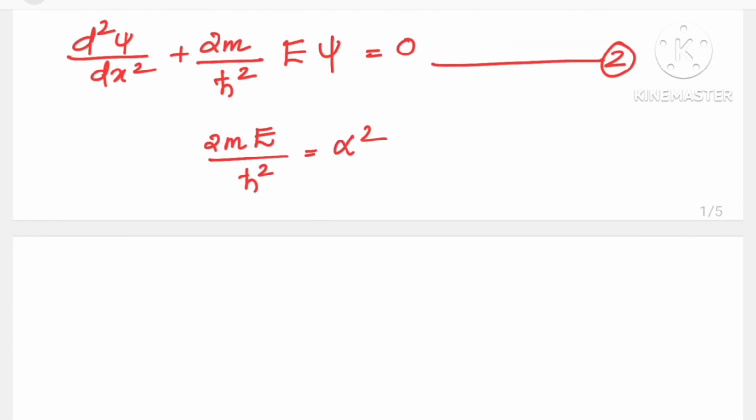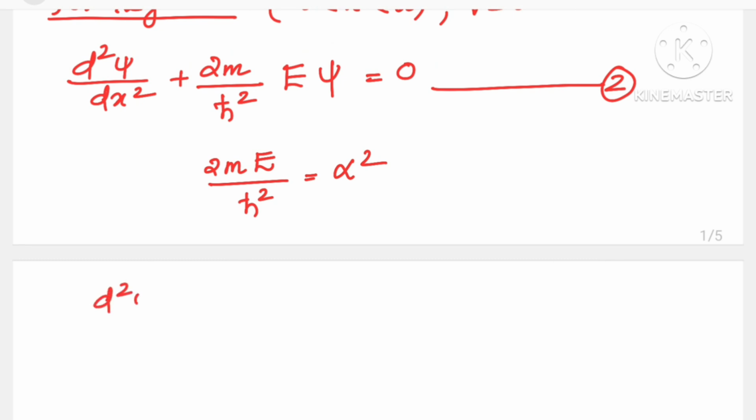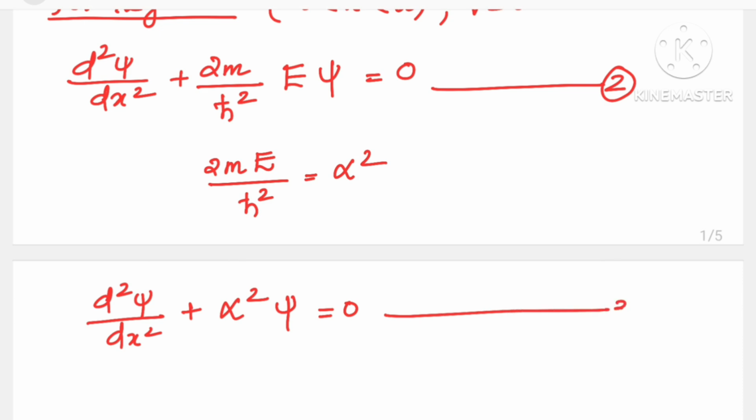Then the equation becomes d square psi by dx square plus alpha square psi is equal to 0. This is our equation number 3.